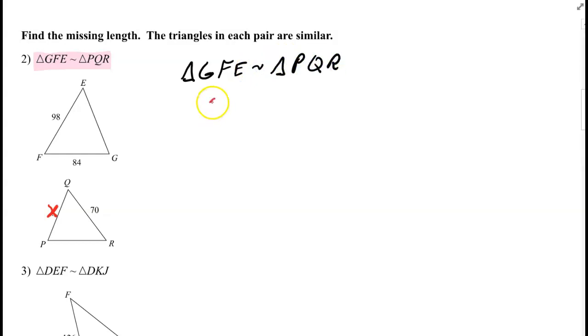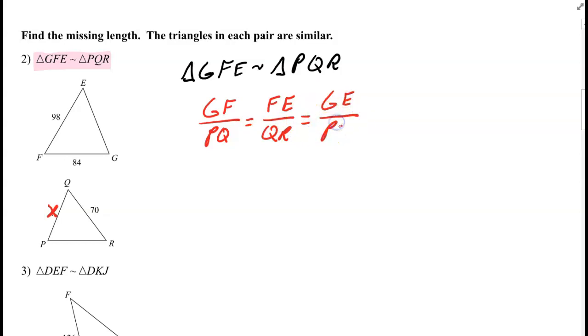So the first 2 letters, GF over PQ, is equal to the second 2 letters, FE over QR, which equals the outside letters, GE over PR. And like in the previous unit, we always want to use the letters, not the picture. So that would be step 1 in red.